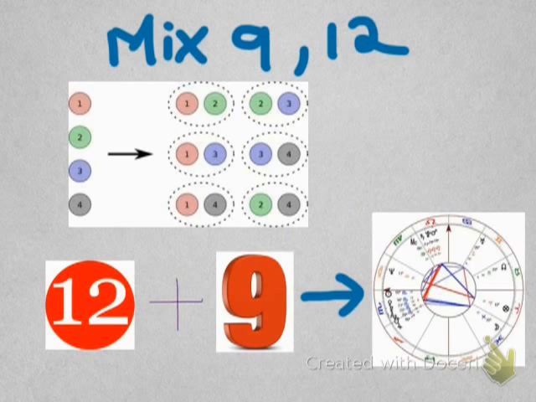Finally, you have understood the magic numbers 9 and 12. Now, just try to mix 9 and 12. You will see the complete universe. When you mix 9 and 12 and do permutations and combinations, you can derive everything.